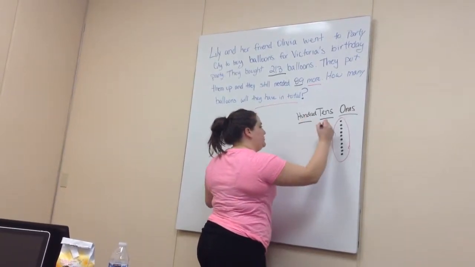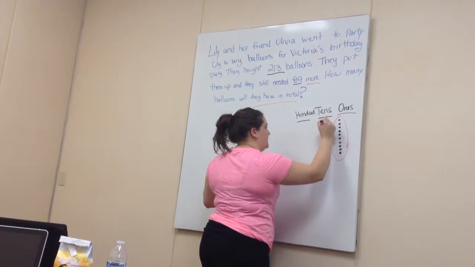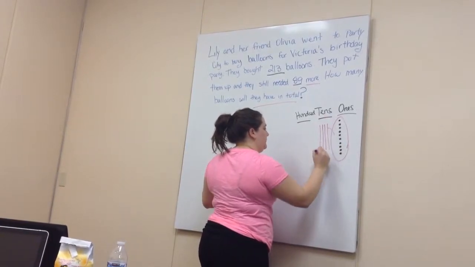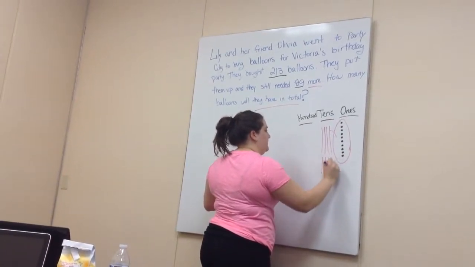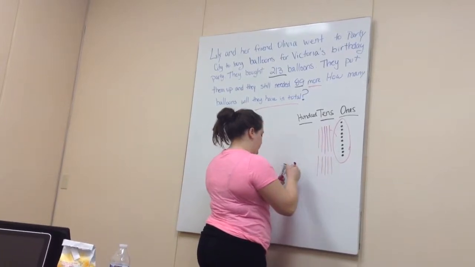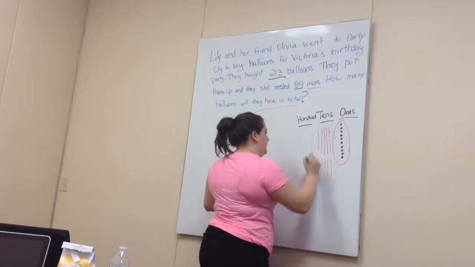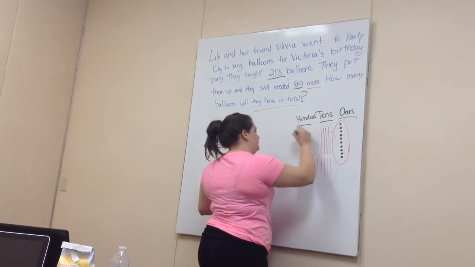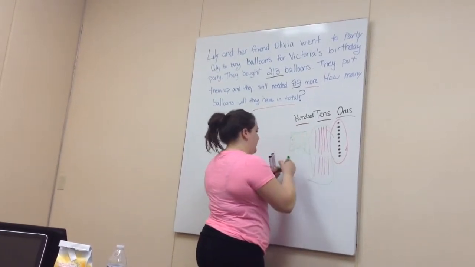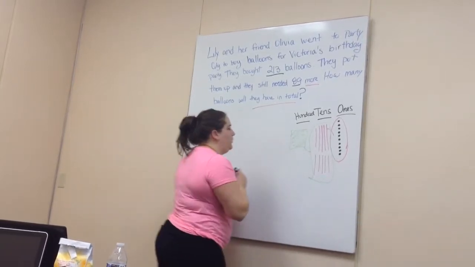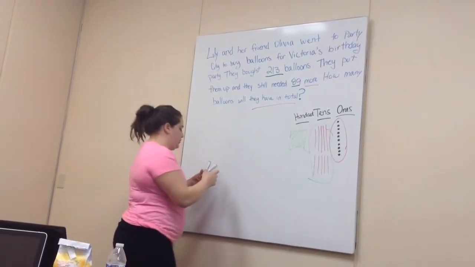Now in order to make hundreds, you need 10 rods: 1, 2, 3, 4, 5, 6, 7, 8, 9, 10. And we are going to group these, and that makes a flat. Once you have that information, we can go back to it, and we will draw out the actual problem.